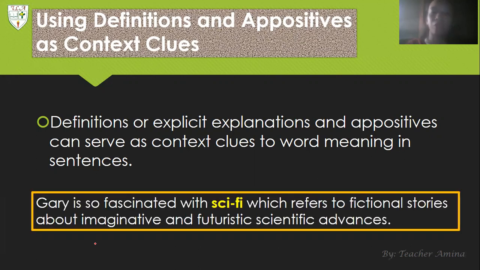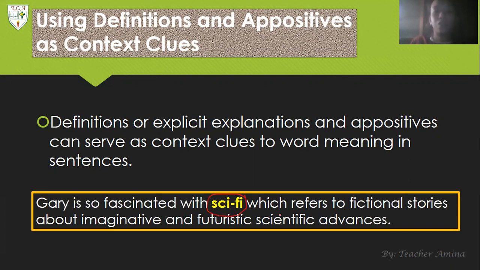Okay, for example, in the sentence, Carrie is so fascinated with sci-fi, which refers to fictional stories about imaginative and futuristic scientific advances. So the unfamiliar word here is sci-fi, right? Okay.